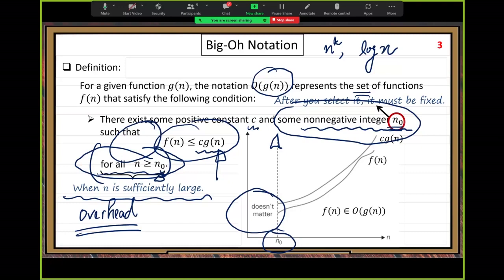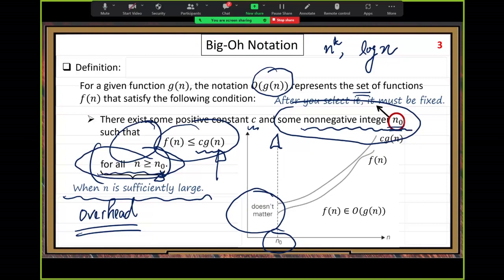But when n is small, the overhead part dominates your f function value. That's why small n is not important.